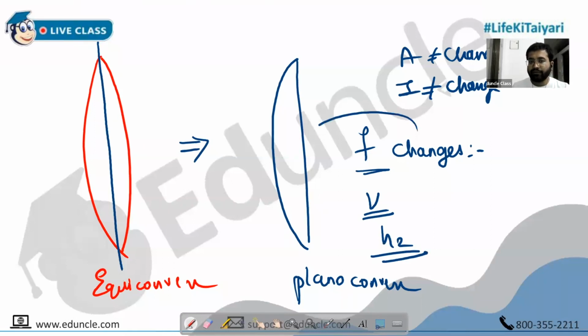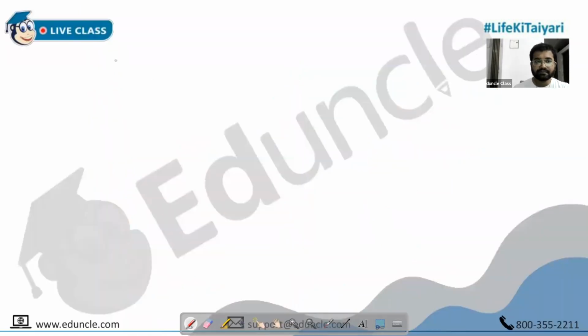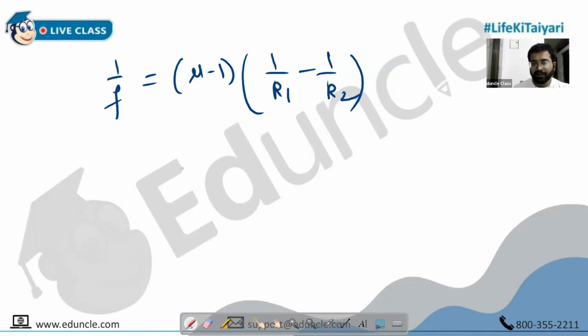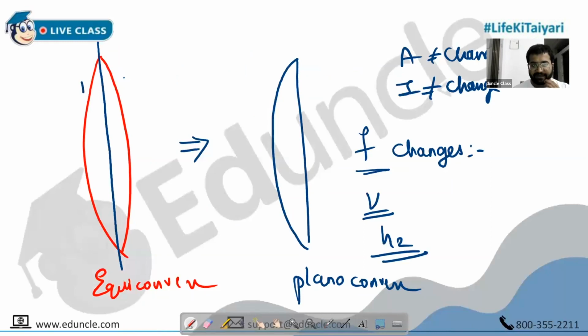And how do we find the change in focal length? You remember the lens maker formula? Yes, sir. 1/f = (mu - 1)(1/r1 - 1/r2). For an equi-convex lens, listen: this is the first surface, this is the second surface. The first surface goes to the right, so it is plus r.